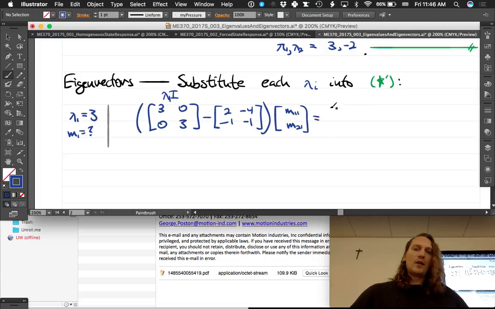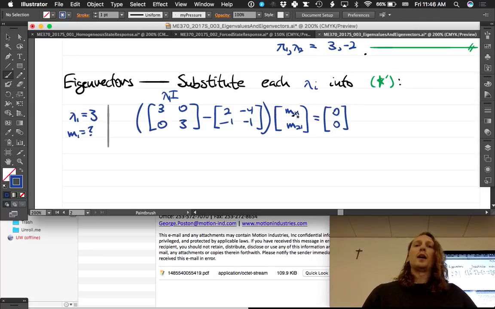Equals the 0 vector, which in this case is 2 by 1. And we're trying to find what m11 and m21 need to be. Okay? So let's simplify this part, since that seems like the easiest way to start.